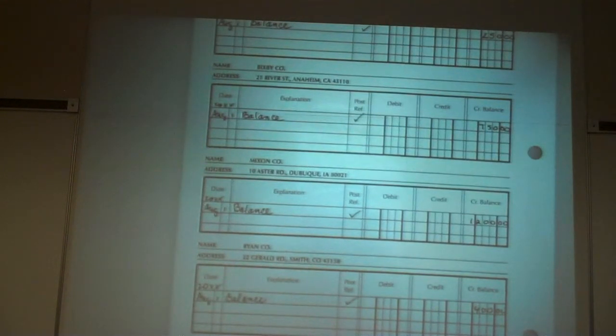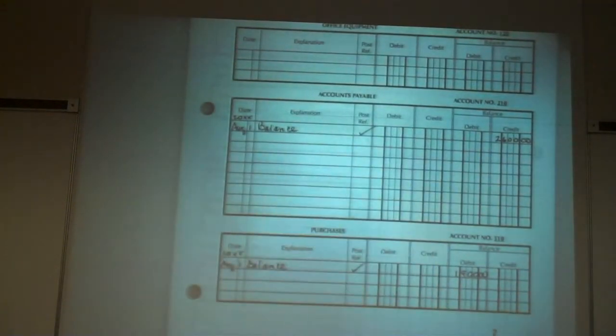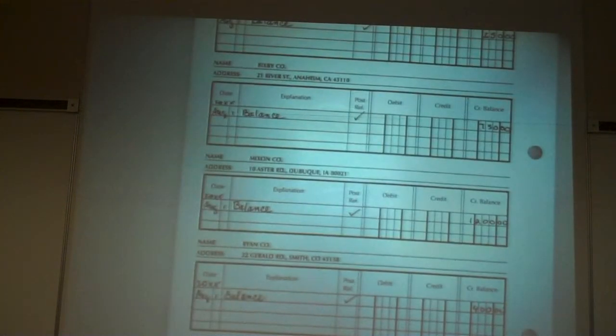In Chapter 10, we're doing the same thing with our accounts payable. The controlling account will be accounts payable. That's our controlling account. We've had that account since Chapter 2. Now we're just going to have the subsidiary ledger that goes with that, so we know how much we owe each one of those suppliers.